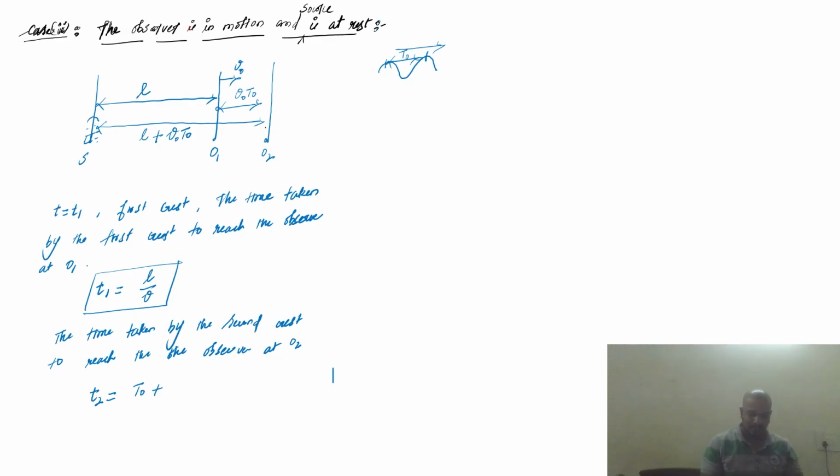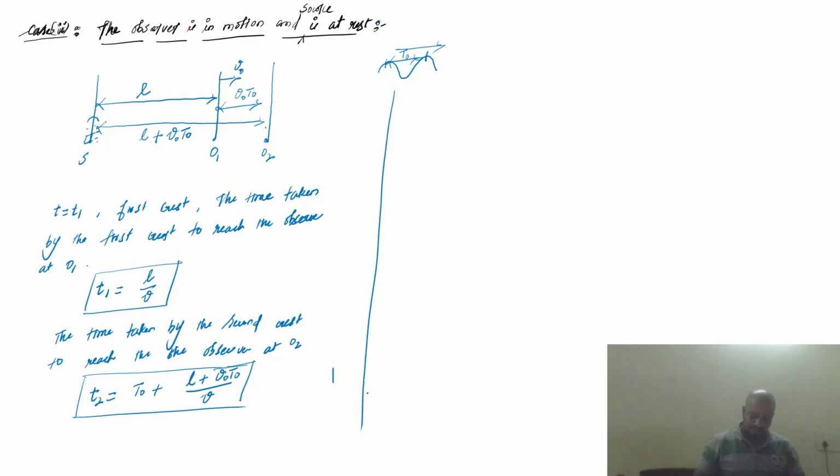That time is equal to the new distance divided by the velocity of the sound wave. The new distance will be equal to L plus v naught times t naught, divided by the velocity of the sound wave. This is the duration the second crest will take to reach the observer.